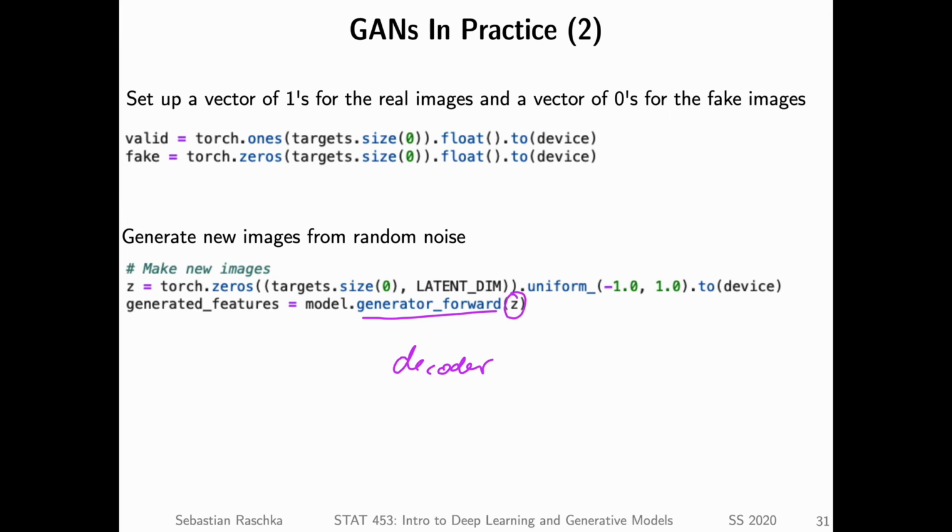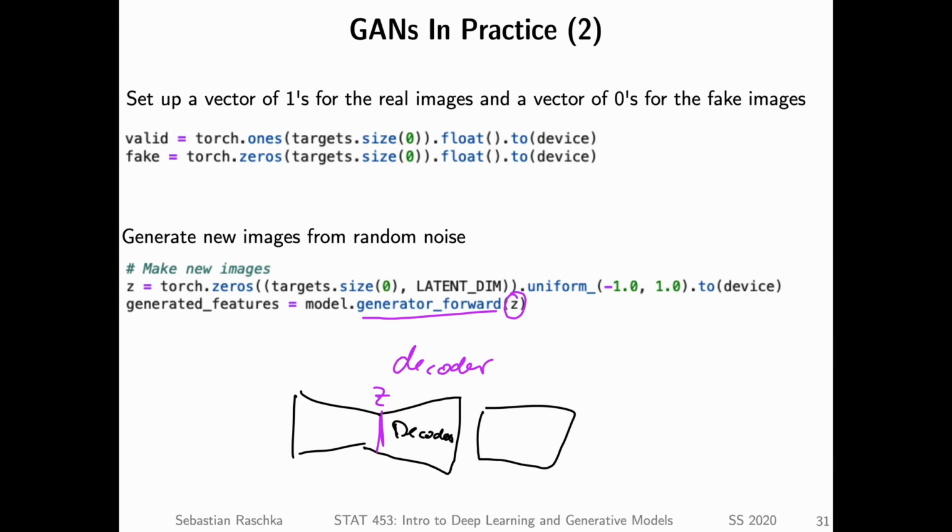And again, let's maybe draw that. Again, this is similar to the autoencoder. In the autoencoder, we had this hourglass shape, and in the center, we had a z vector. And here on the right side, that was the decoder. And the decoder was generating the image from this z vector.